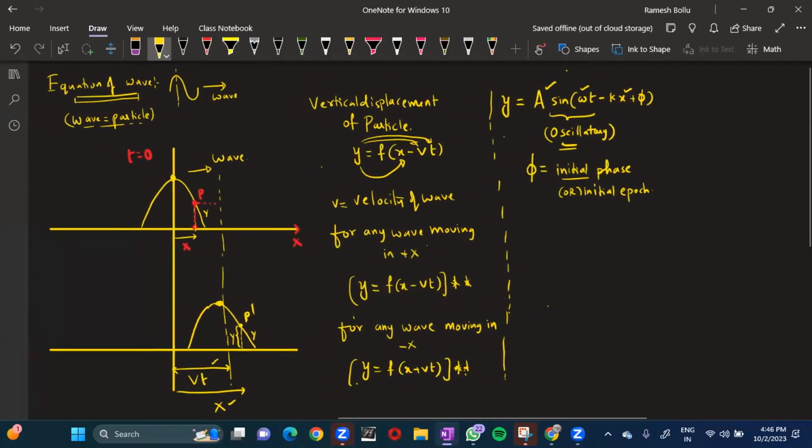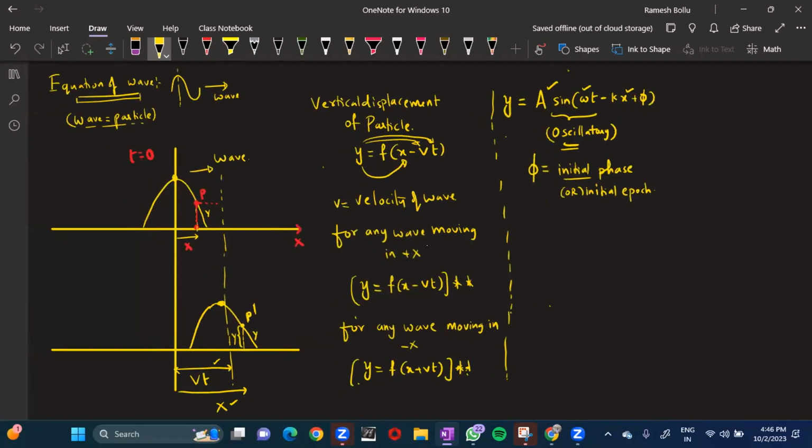Understood? For example, I will tell you. Initially means when time equals 0, the particle is at the origin and its displacement is equal to plus A by 2, children. So what is the initial phase? How to write the equation? Put all the initial conditions in the wave equation, children. So how can we write? y equals how much, children?